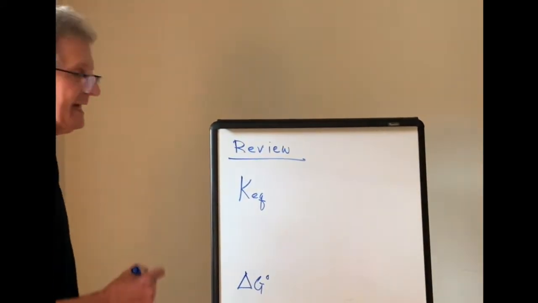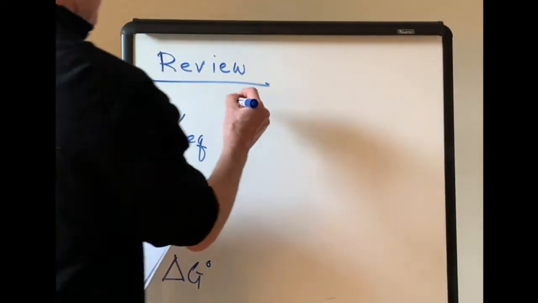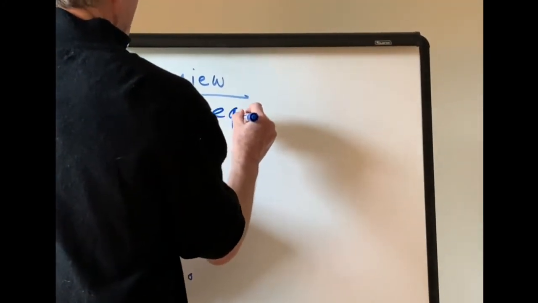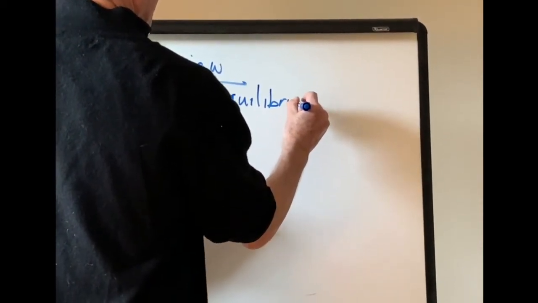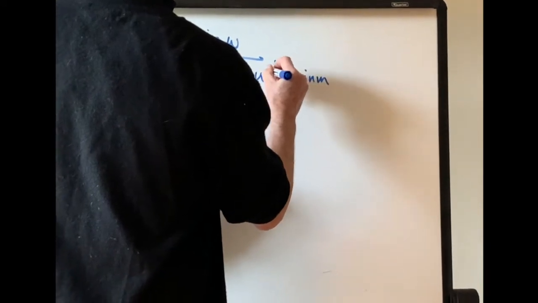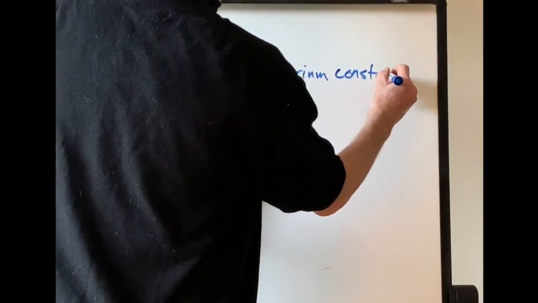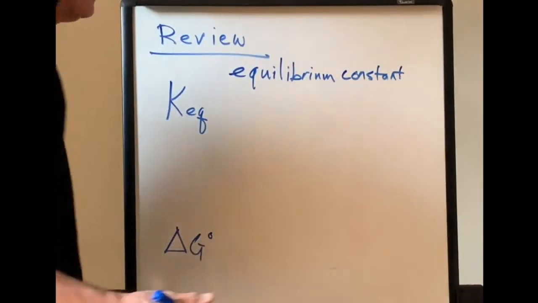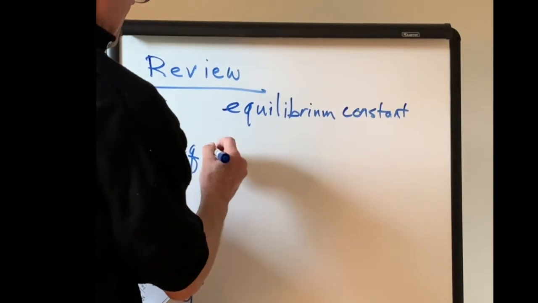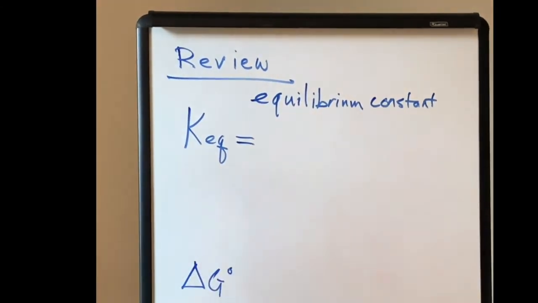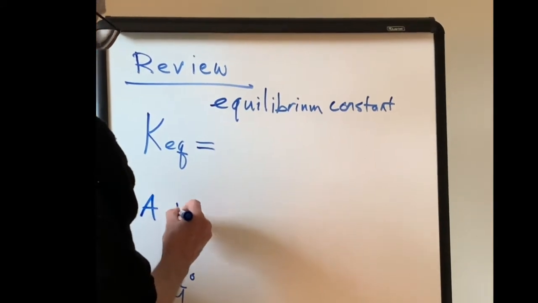Now, the first, KEQ, the equilibrium constant, put it up here. A constant is a number that we use. Equilibrium constant characterizes the concentrations of reactants and products.